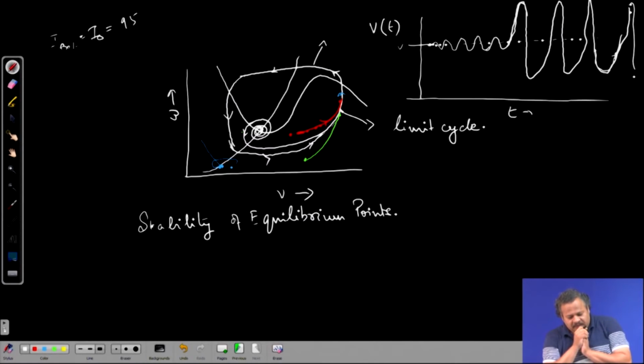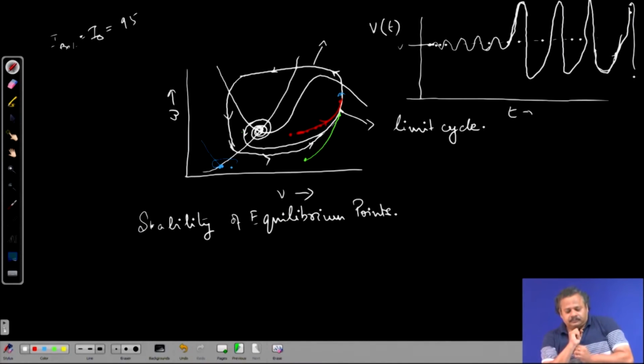In other words, if we consider the entire system and then look at a very small neighborhood around the equilibrium point in the phase plane, then we can change the system of differential equations, rather the dv dt and dw dt, into linear functions.